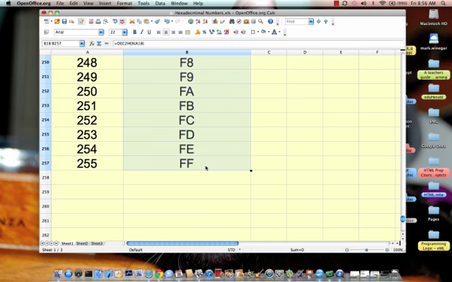Okay, so 255 is FF, which would be 15 units of 16, and then 15 more. Add them together, and it comes out to be, in base 10, the number 255.